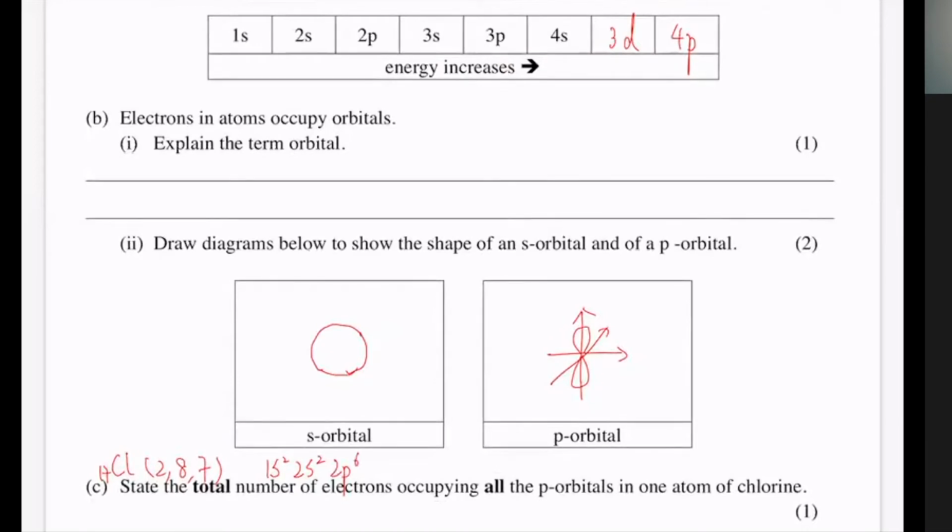So now we've sorted out 10 electrons in total. Now we still have 7 electrons. We need to arrange them. What's after 2p? 3s. How many? 2. So now total here is 12 electrons, so 5 left. Where should we put those 5 electrons?